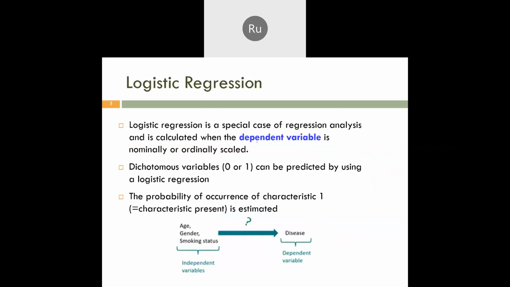Logistic regression is a special case of regression analysis that is calculated when your dependent variable is nominally or ordinally scaled. For example, female or male, buy or not buy, and so on. So what we do is look at the probability of having male or female.